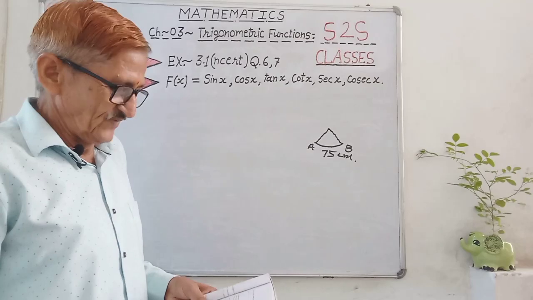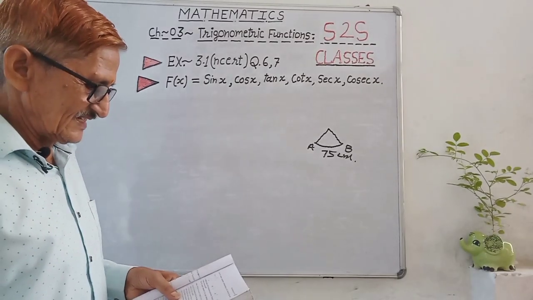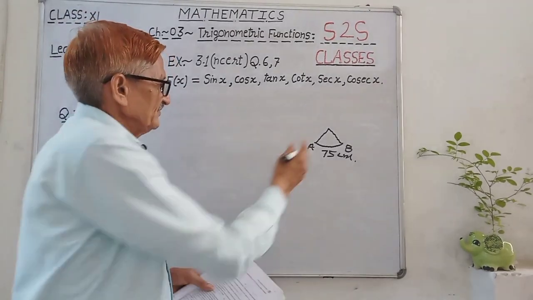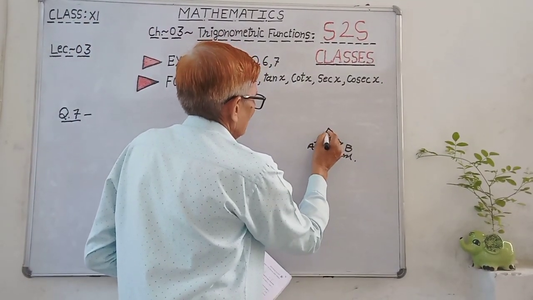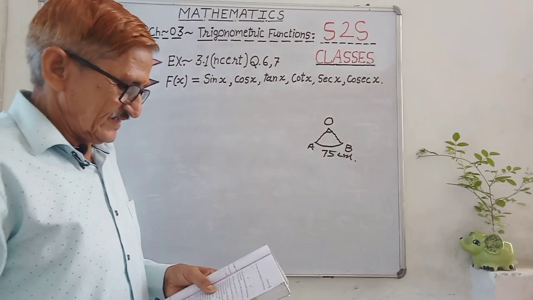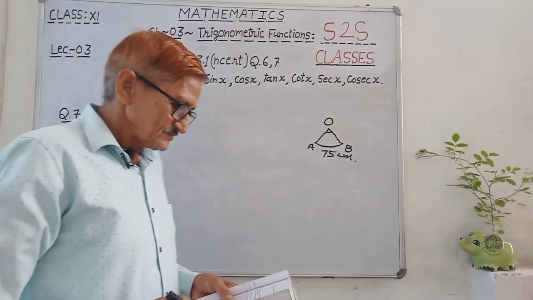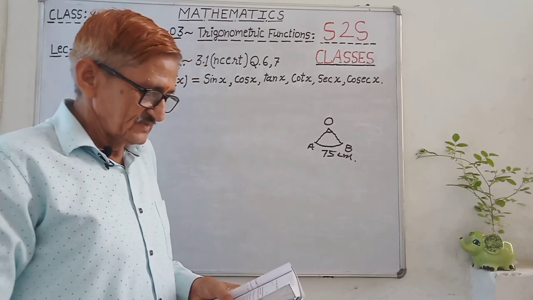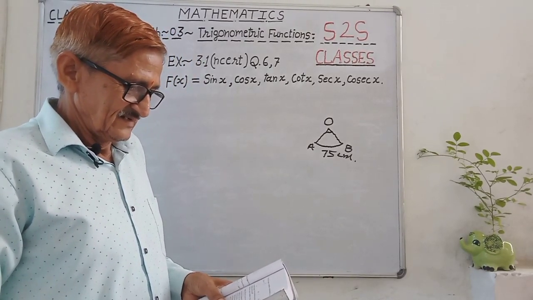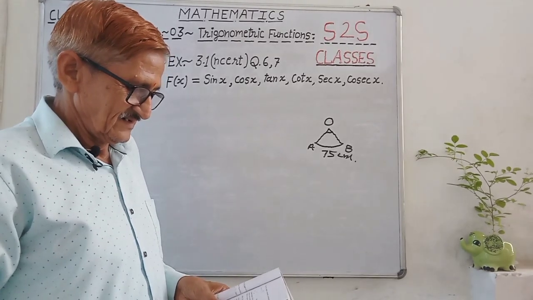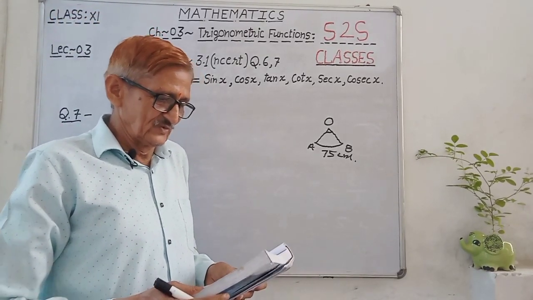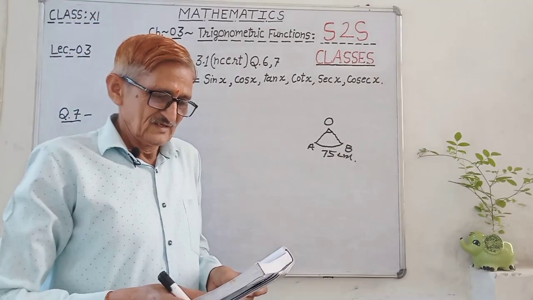Pendulum length 75 centimeter given. Find the angle in radian through which the pendulum swings. Okay, this angle at O we have to find, and the tip describes an arc of length 10 centimeter, 15 centimeter, 21 centimeter.